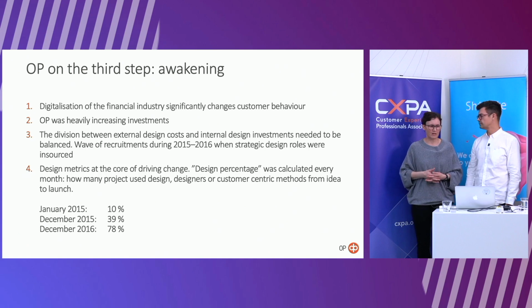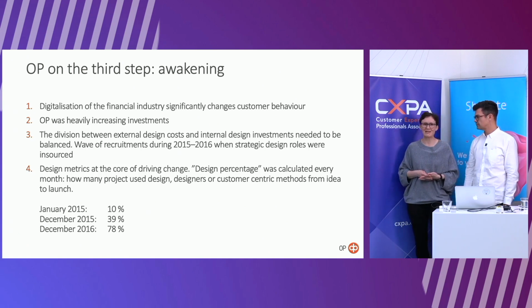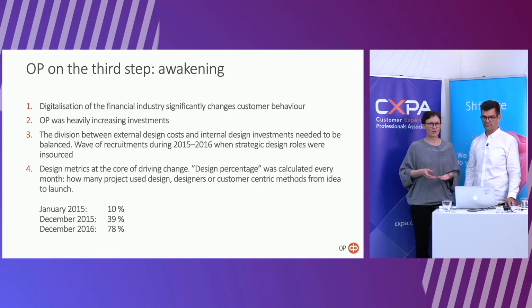One thing that was very important at the third step was that design metrics started playing a key part in driving the change. We developed a design percentage metric that was calculated every month. We checked all the projects, and all projects that had designers at some point were counted in.